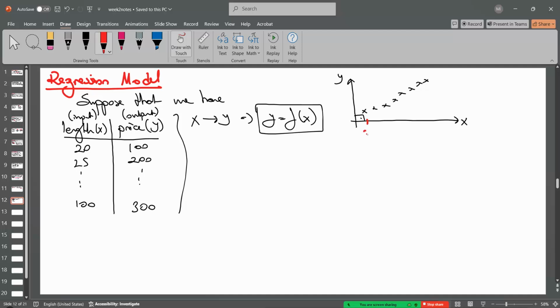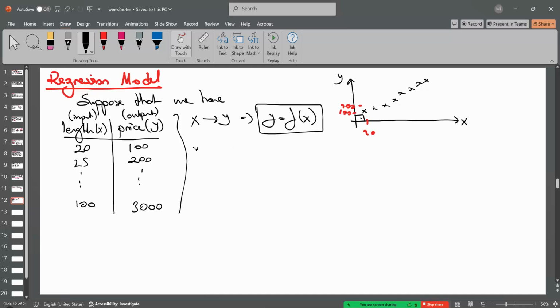For example, this is the 20, and so this is the 100, maybe this is the 200, and also this is the 3000 maybe, and just go. Okay, and so if we have this information, we can regress this model based on this data set x and y.